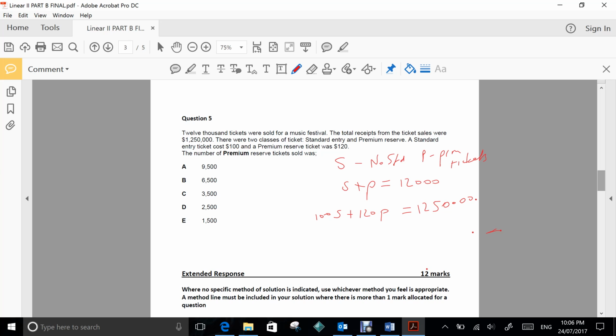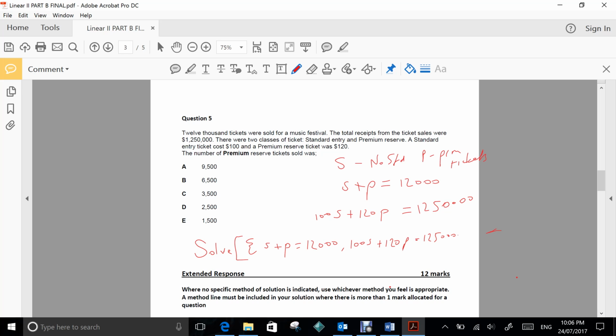Now you can do this on Mathematica if you type in capital S, Solve, then square bracket, curly bracket. I'm going to put the two equations in. So the first one is going to be S plus P equals 12,000, and 100S plus 120P has to equal 1,250,000.